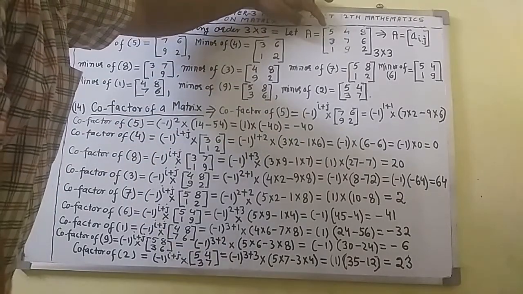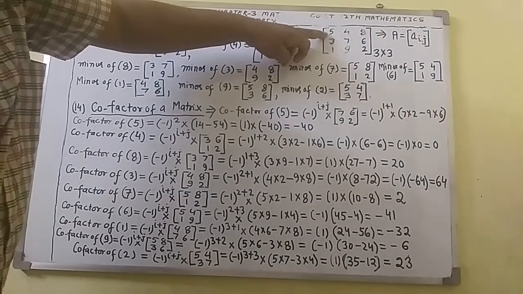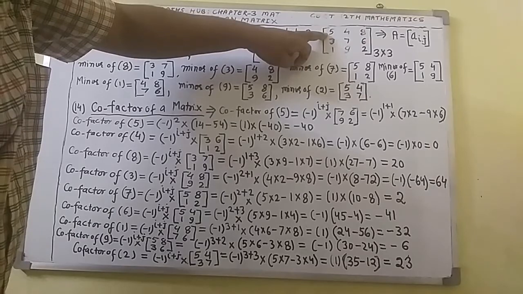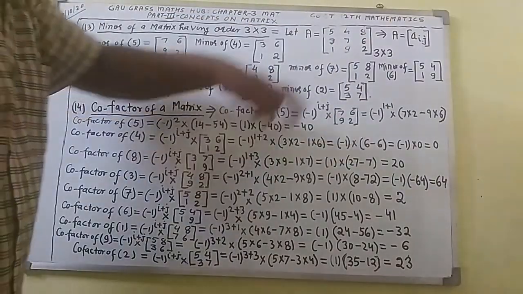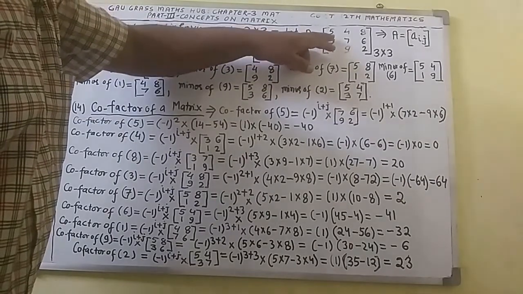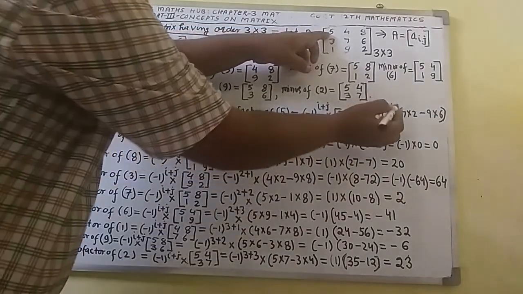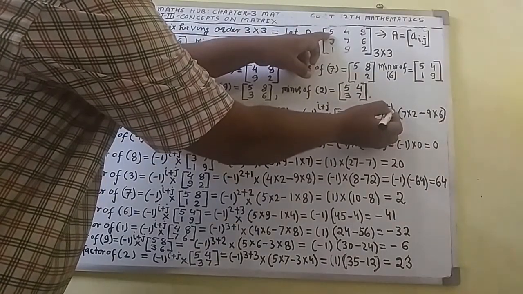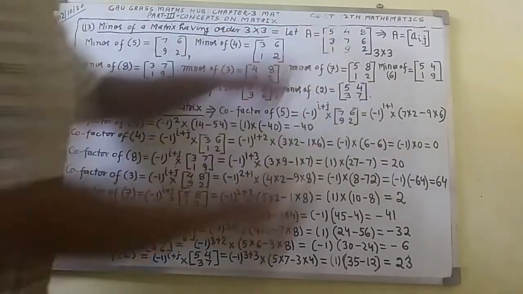Here you can see element 5 is there in the first row, so 1 will be written here. And element 5 is there in the first column, so for the first column we will write 1 here.